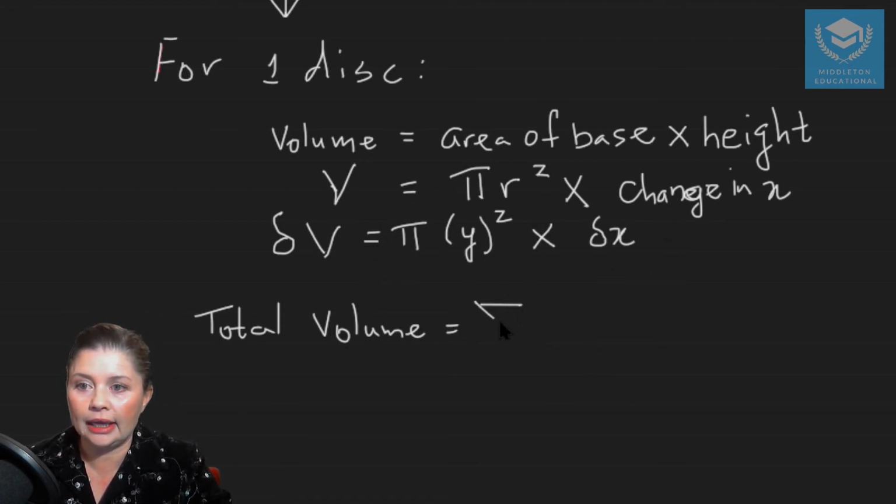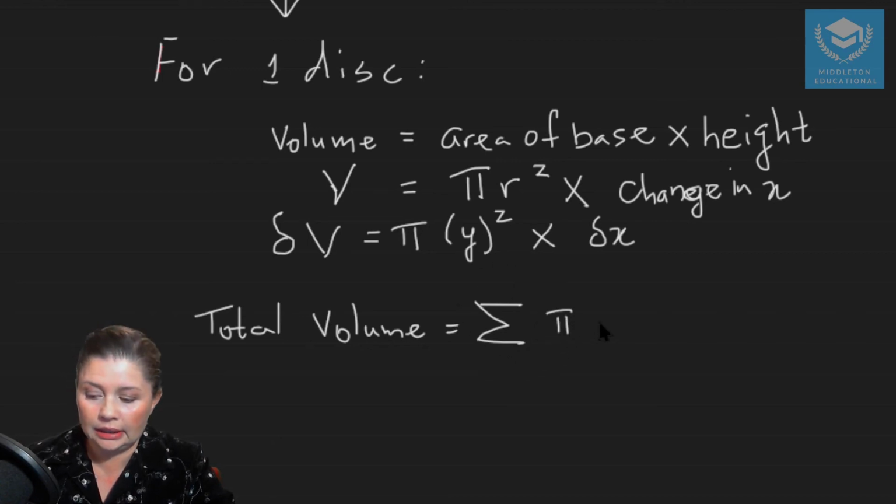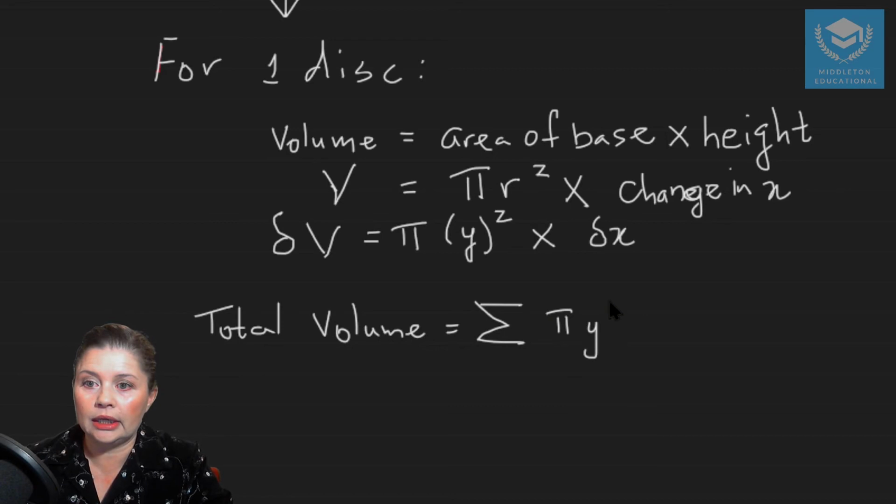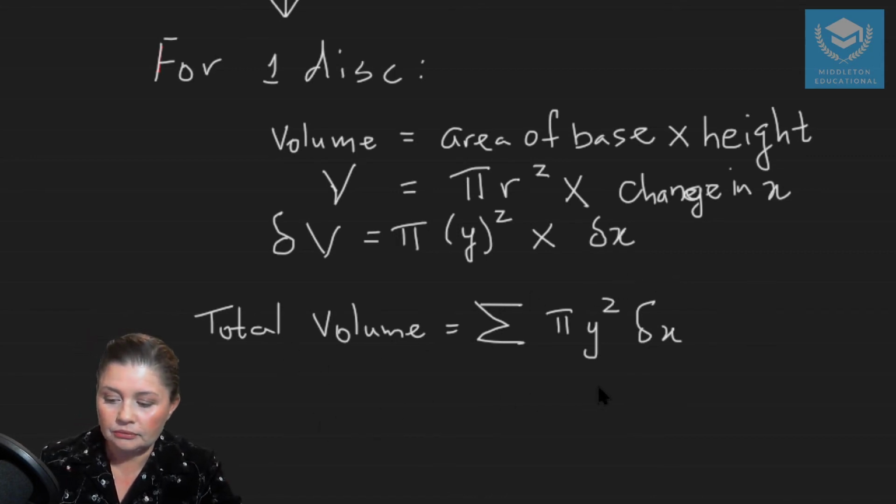So you're going to add, pi y squared times change in x. You're adding up all your individual disks in order to get your total volume.